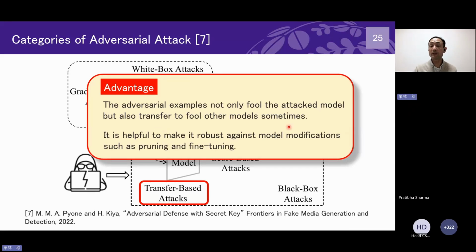Model modification means the malicious party will try to modify the model so that ownership verification of the model on the cloud server becomes difficult. But if the transfer-based attack is possible, the transferability makes it more robust against the model modification.